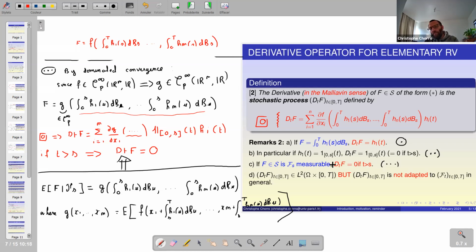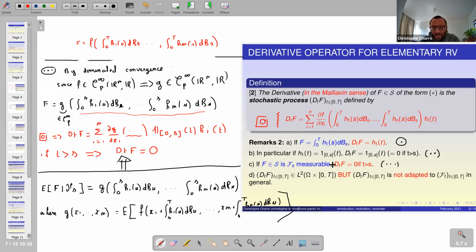0. It implies that intuitively you can think of the Malliavin derivative, for this elementary random variable, as a kind of derivation with respect to the Brownian trajectory, but if you compute dt of f, it's the derivation with respect to the Brownian trajectory until time t.